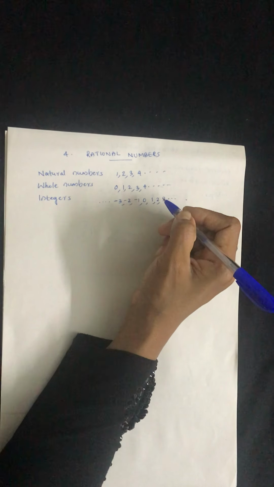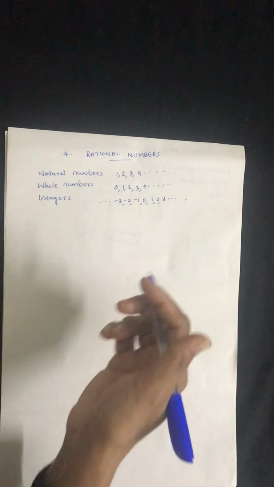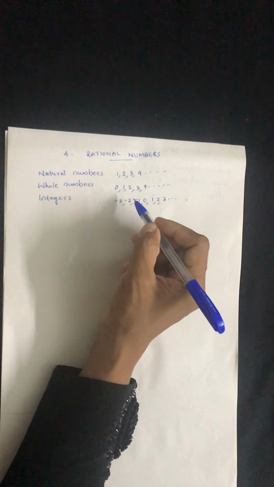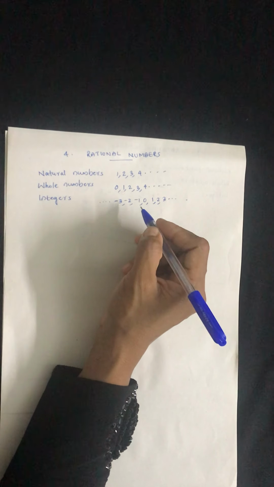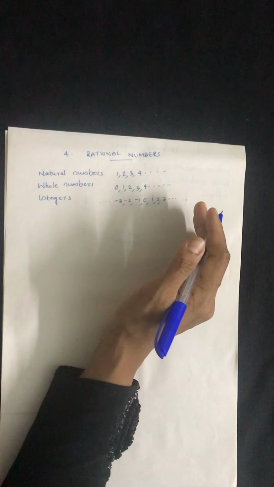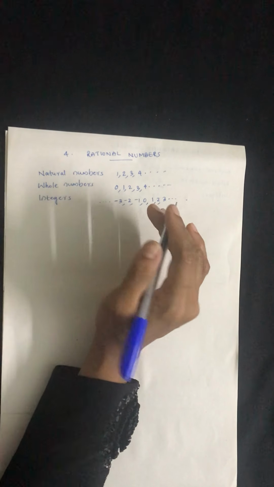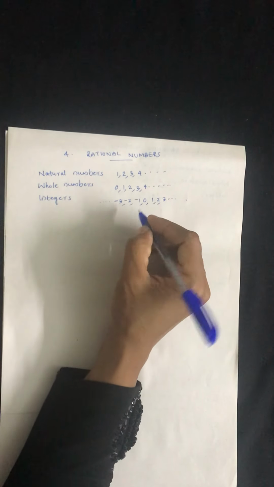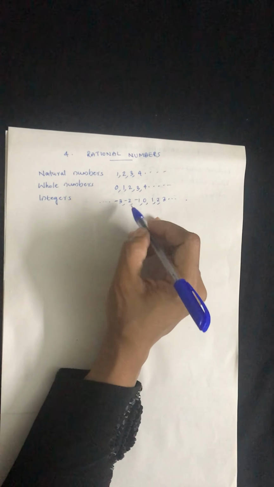Now the subtraction. When we subtract two whole numbers, sometimes we will get positive numbers and other times we will get negative numbers. So subtraction of whole numbers leads to integers.